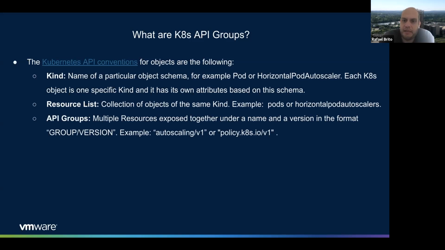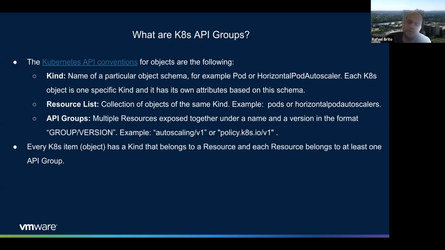So kubectl get pods is going to get all the pods, which are all of the type pod. And the collection of resource lists is grouped into an API group, which is a group and version. For example, autoscaling is an API group, which horizontal pod autoscalers are part of. Next, please.